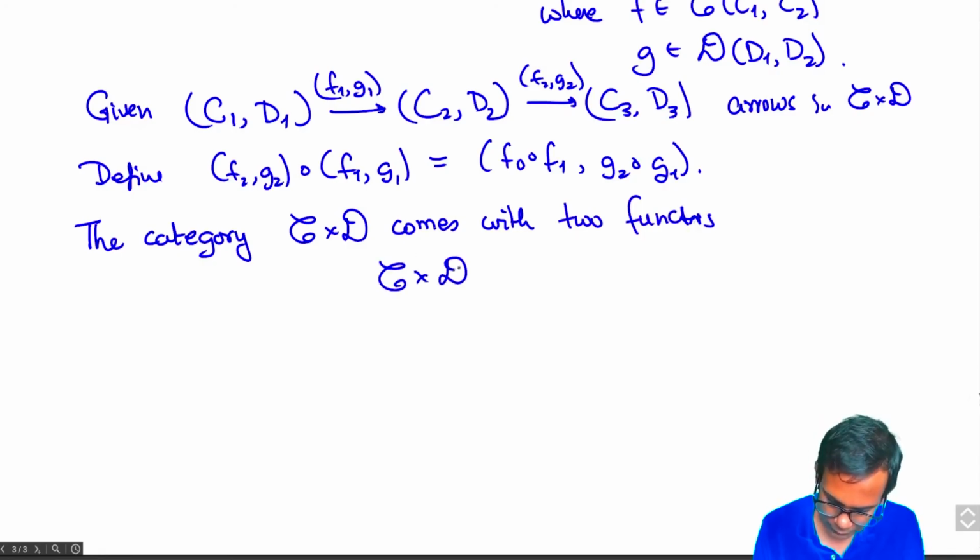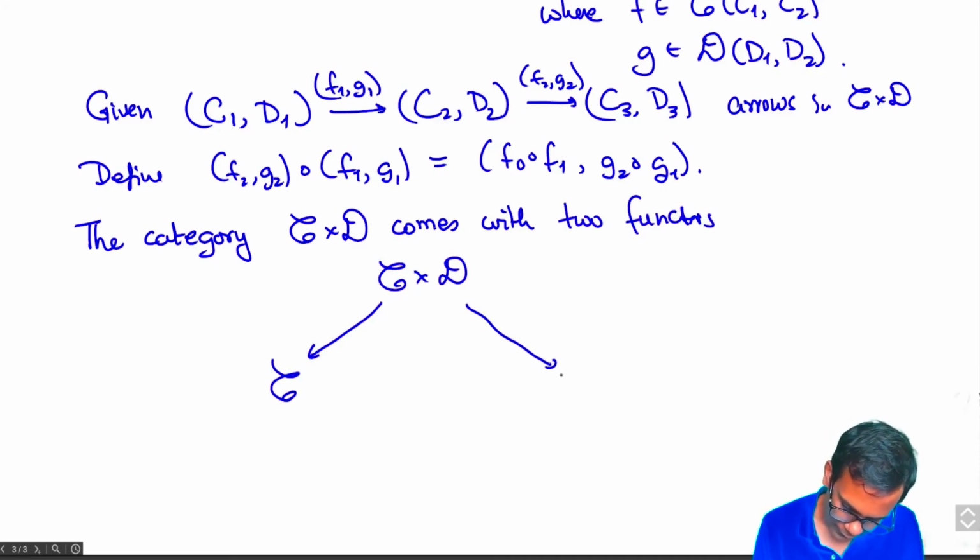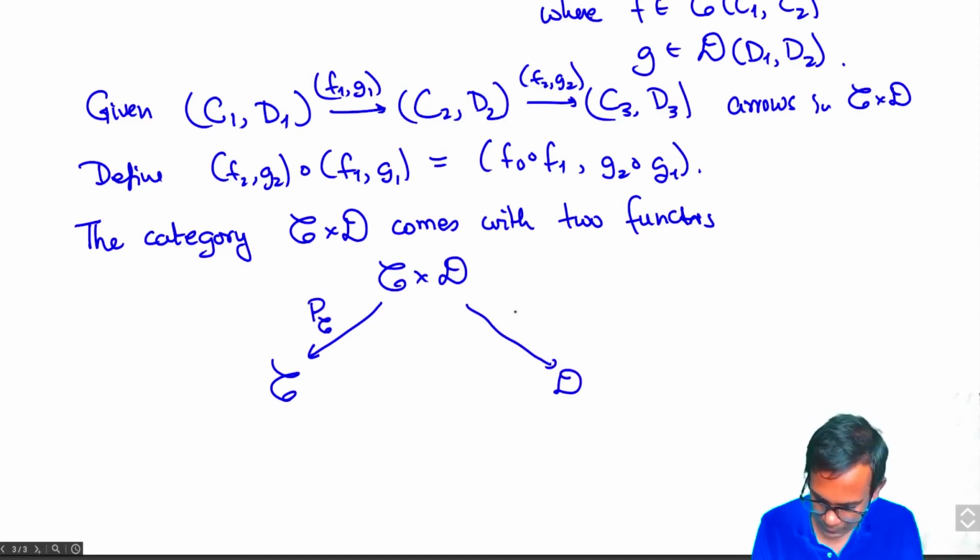C cross D has a functor to the category C and a functor to the category D. I'll call these functors P subscript C and P subscript D, and these are the projection functors.